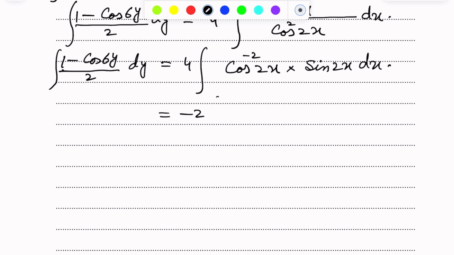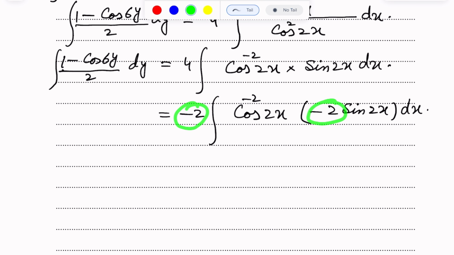Minus 2 we are writing here with the cos 2x, or minus 2 we are writing with the sin 2x term. Minus 2 into minus 2, we have split this 4. This minus 2 we are writing here because differentiation of cos 2x is minus 2 sin 2x.